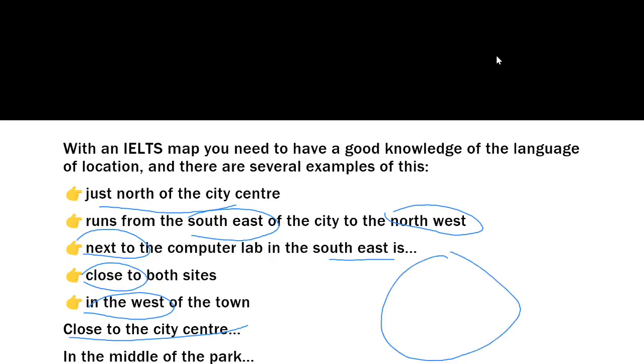If they give you a feature that seems to be centrally located, then you can describe that as being in the middle of the park or in the city center. Or if something else is just by the side, then you can say it's close to the city center. So that's just how you present your descriptions.